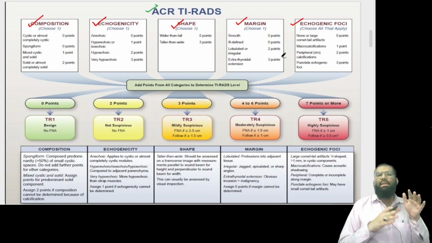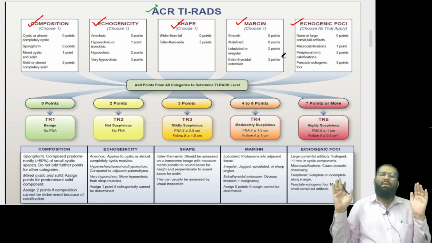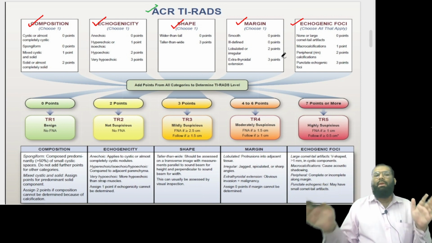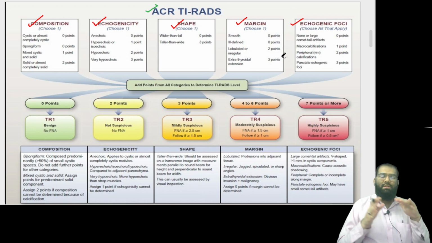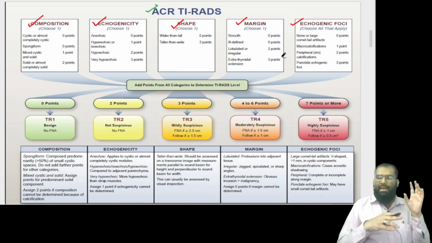अब जितना ज्यादा TR होगा, यानी जितना TR 5 की तरफ, उतने ज्यादा chances that it's malignant। जितना कम TR होगा, यानी TR 1, remember there is no TR 0, like we have BI-RADS 0, there is no TR 0. So tier 1 means most likely it's benign.